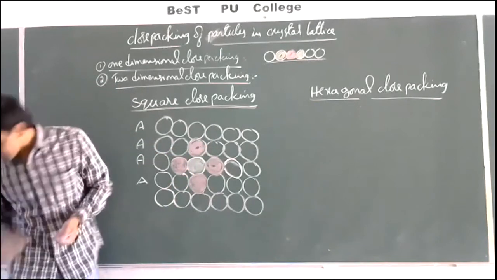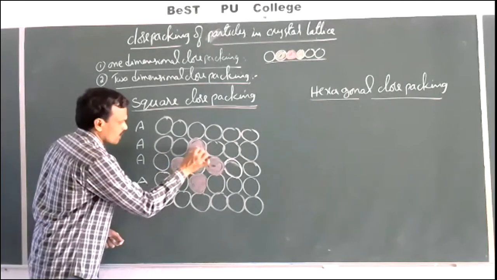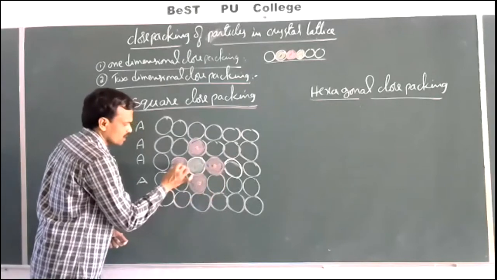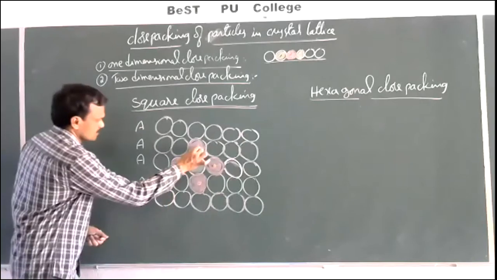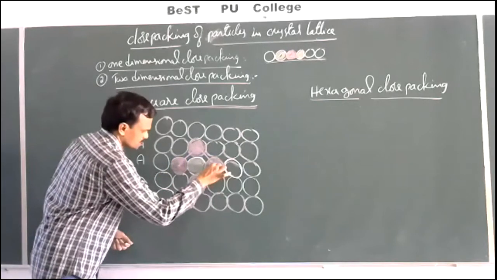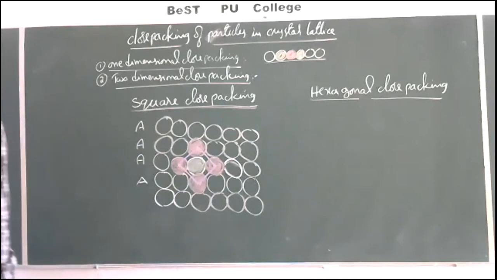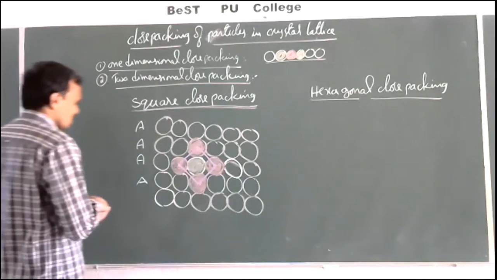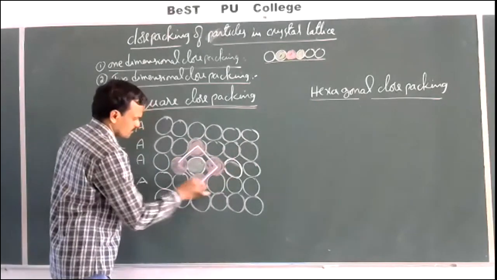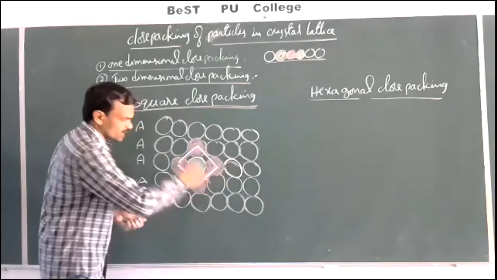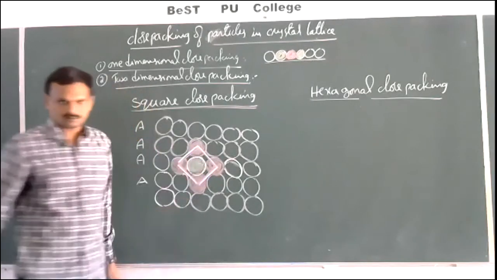Now, if you join the centers of these spheres, this is sphere 1, 2, 3, and 4. If you join the centers of these spheres, what shape do we get here? Here we got a square shape. So, this is called a square close packing.